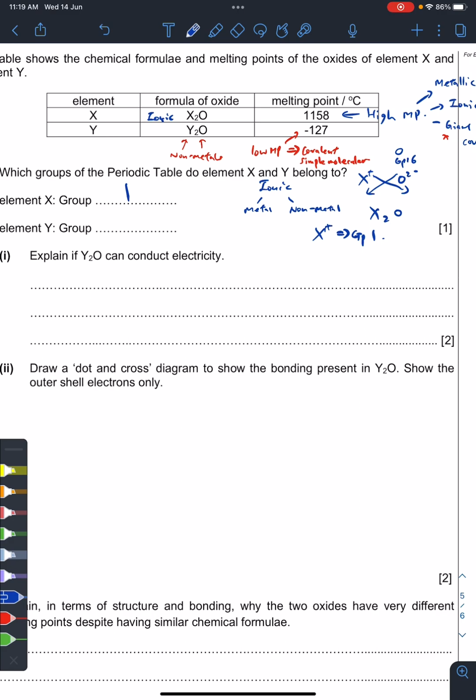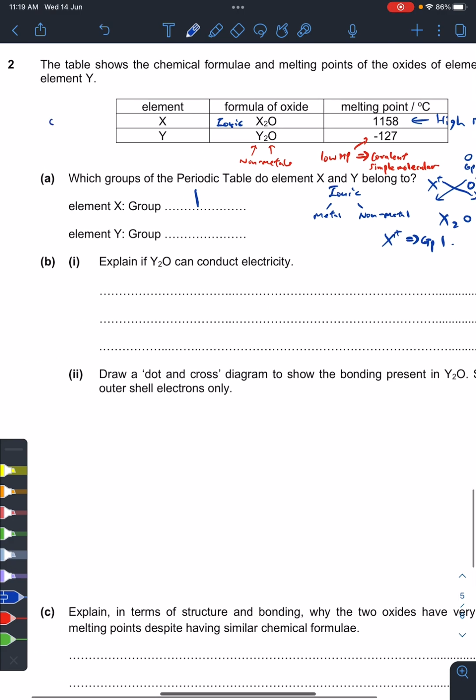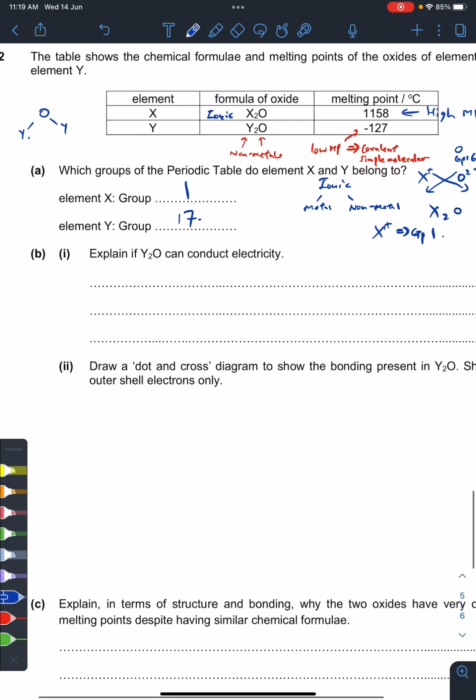Meaning O, Y. So it's essentially telling you that Y is group 17.